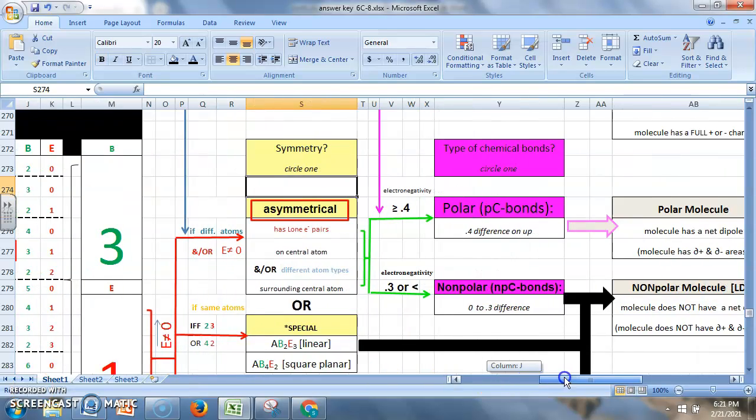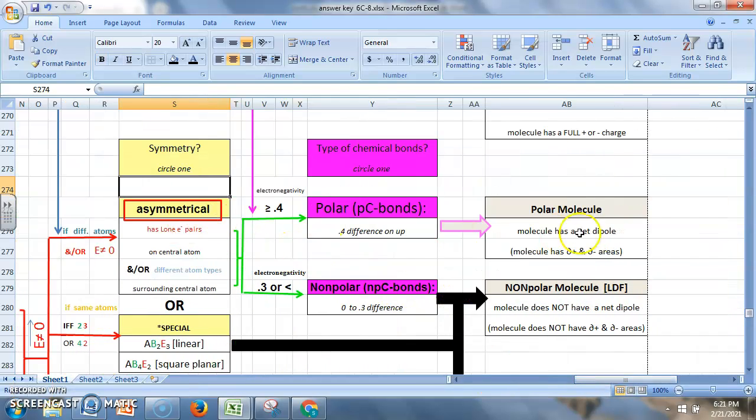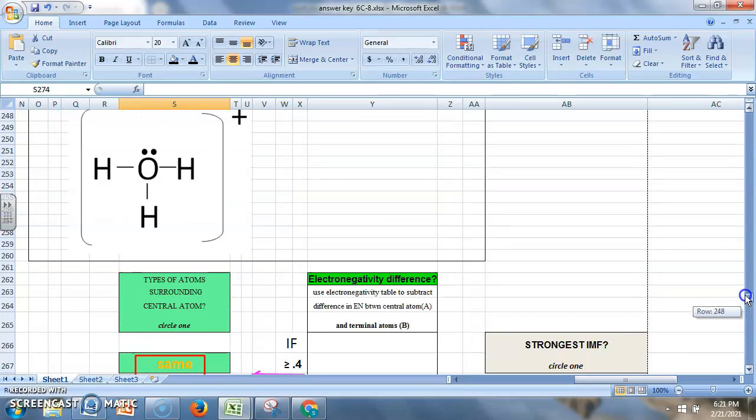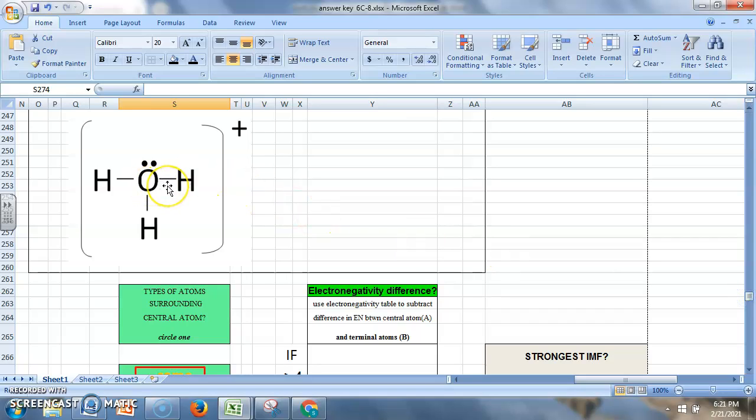With the asymmetrical shape, this is how we can get a polar molecule. So if it's an asymmetrical shape, it can be a polar molecule, but it has to have polar bonds. So we need to find out what the bonds are. We already know oxygen in anything is going to be polar. But we look at the fact that this has a positive charge.